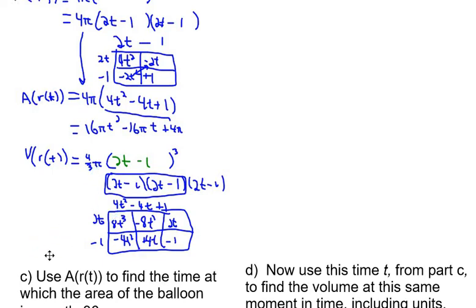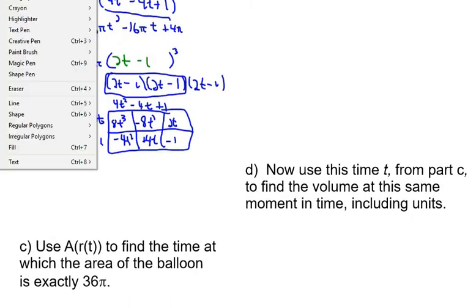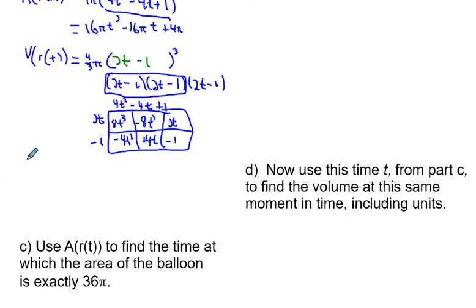So let me give myself a little bit more space here. All right, so V of r of t will be, drop down the 4/3 pi, we never use that, so 4/3 pi, and then times everything in that area model with combined like terms.